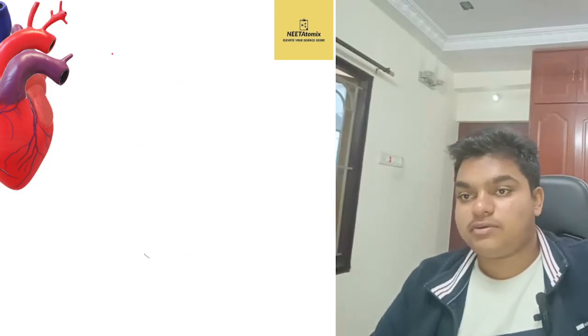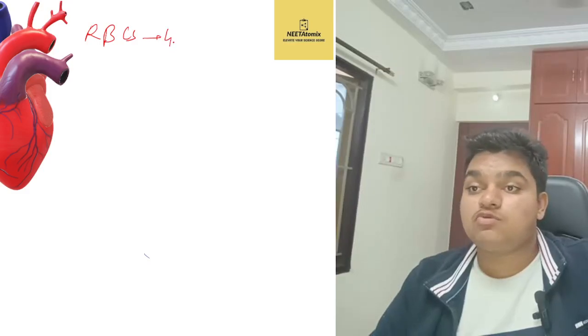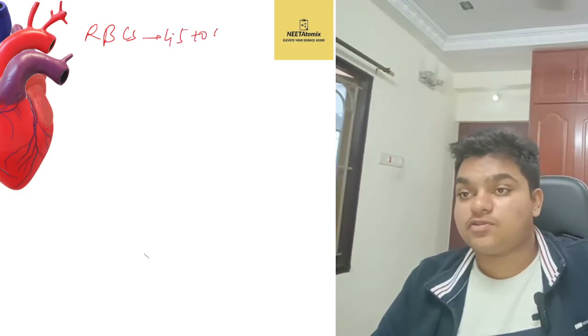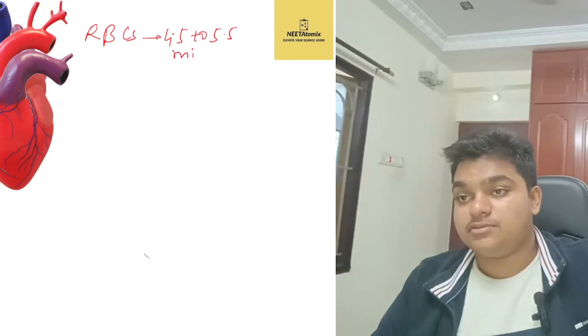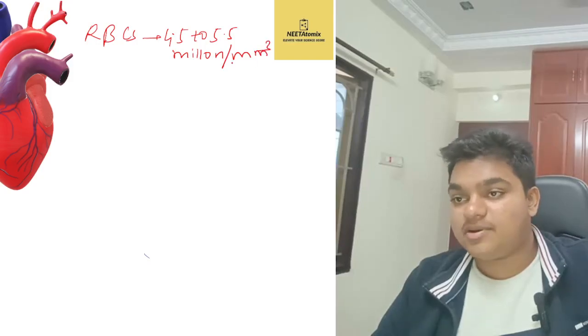So first of all, coming to RBCs, 4.5 to 5.5 million per mm cube. Everything is per mm cube only.